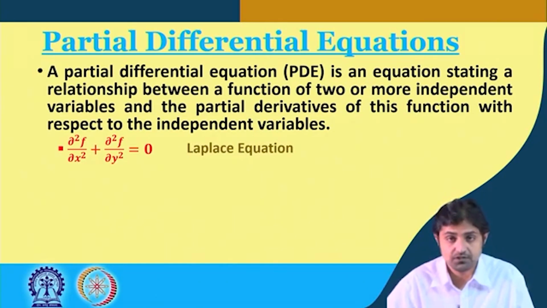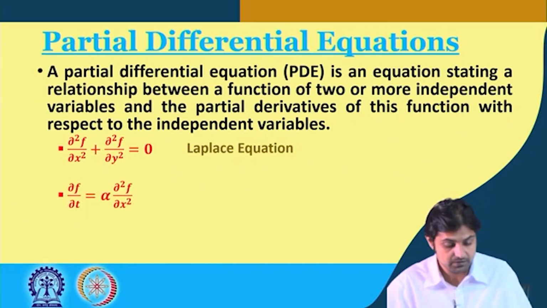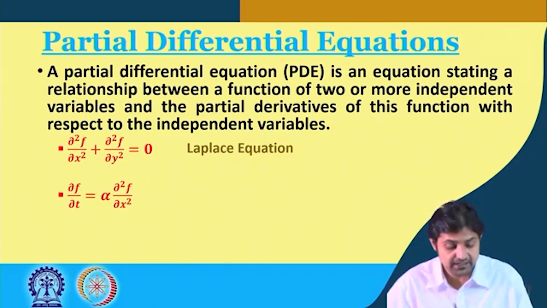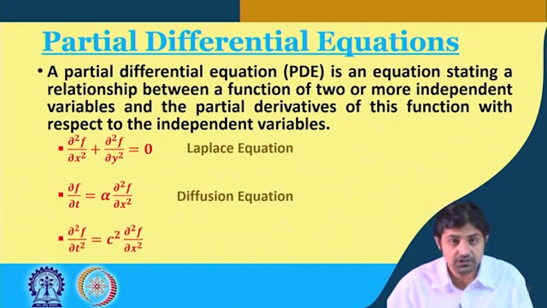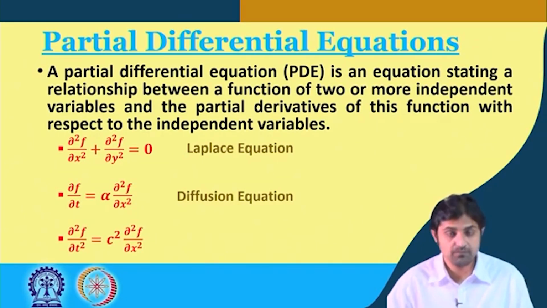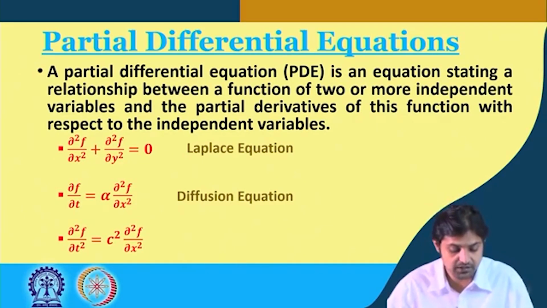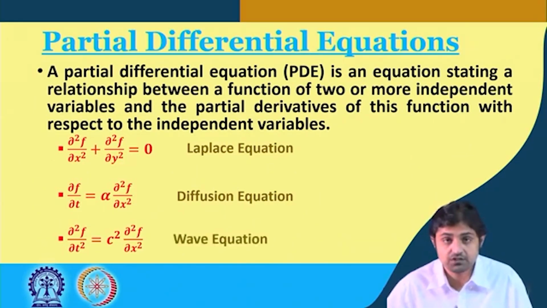From your previous experience you should know this. Another equation is del f by del t equal to alpha del square f by del x square. This is a diffusion equation. The third equation is del square f by del t square equal to c square del square f by del x square, and this is a wave equation. These are the three most common types of partial differential equation that we know.